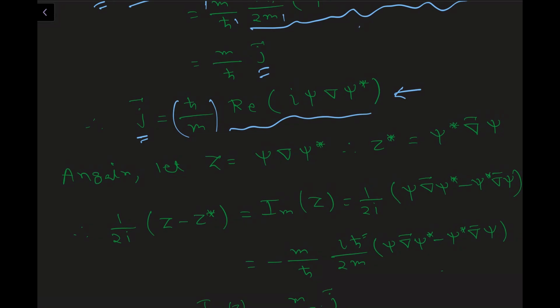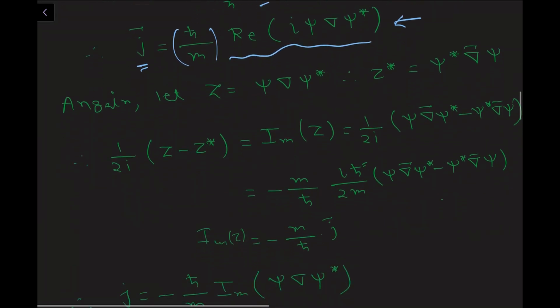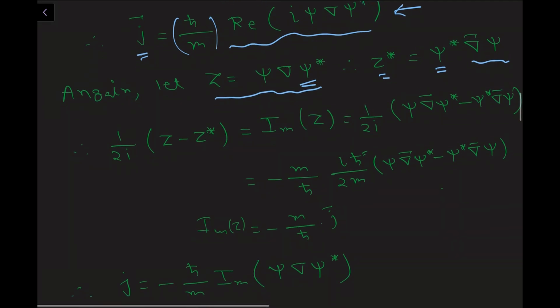Now let us prove the second expression. To do so, let our z be psi del psi star and z star be psi star del psi. So the imaginary part of z, 1 by 2i, z minus z star, will be 1 by 2i, psi del psi star minus psi star del psi.